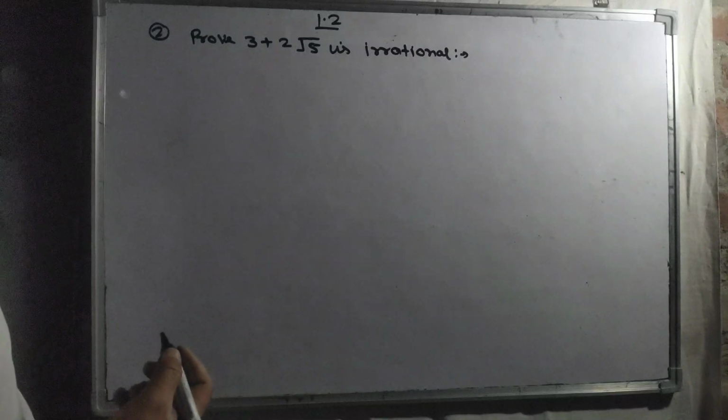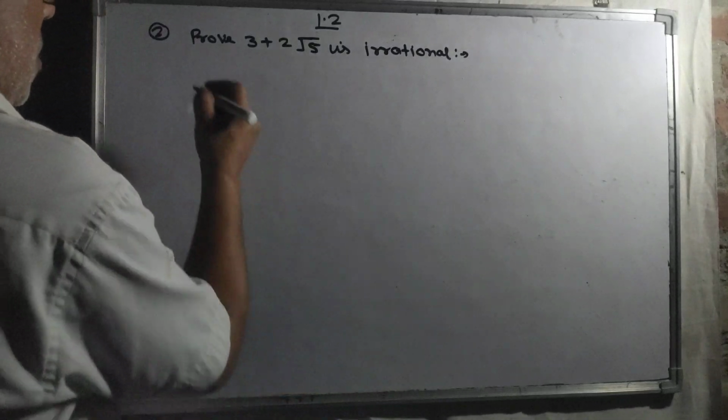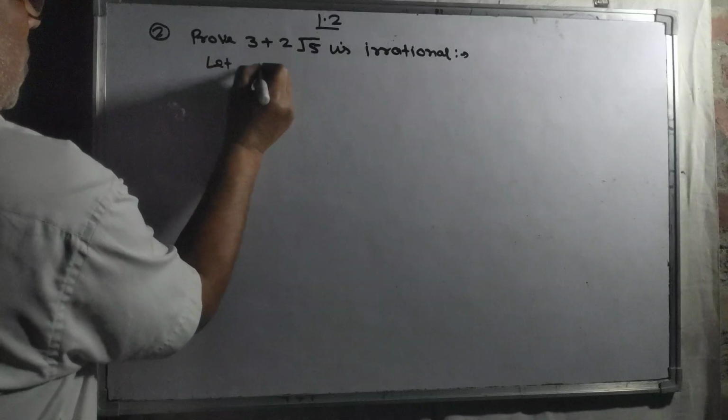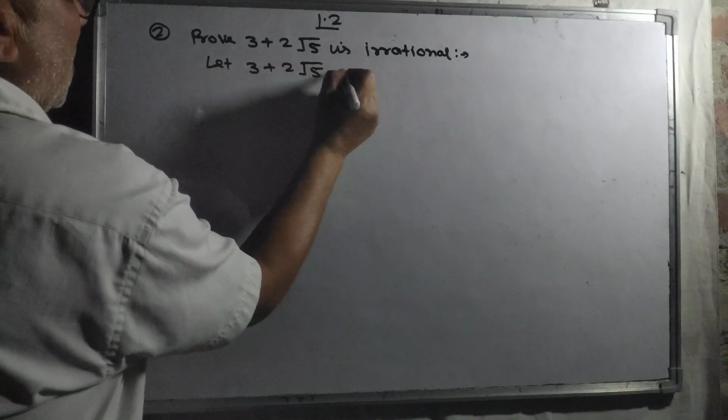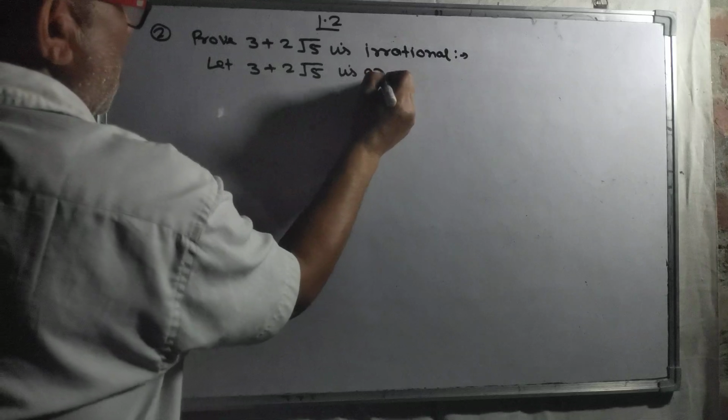I will follow the same method. Let 3 plus 2 root 5 be a rational number.